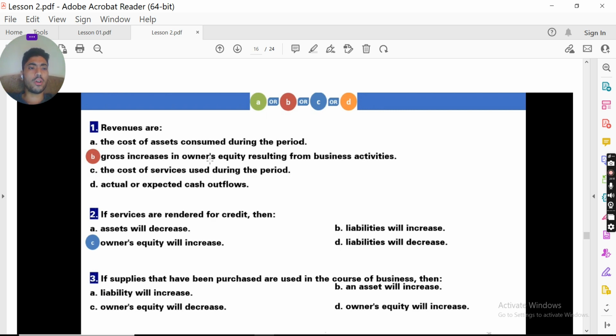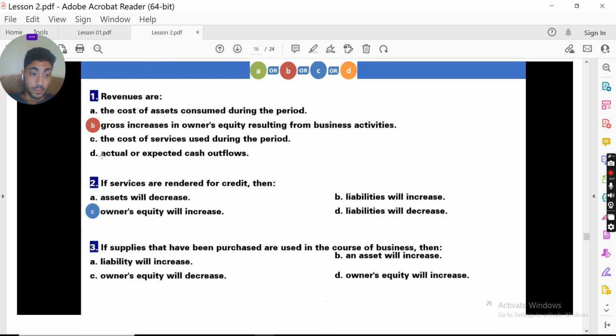I will put it in my mind. C, the cost of services used during the period? No way. The cost of services used during the period is called expenses. I will exclude it. D, actual or expected cash outflow? We are not going to talk about cash outflow and cash inflow. That's another topic. So I will stick with B.